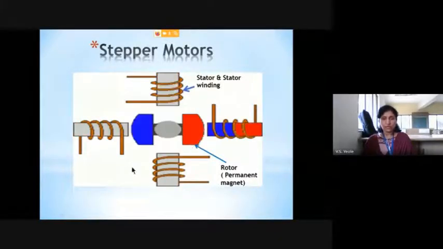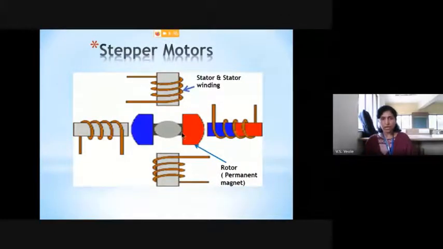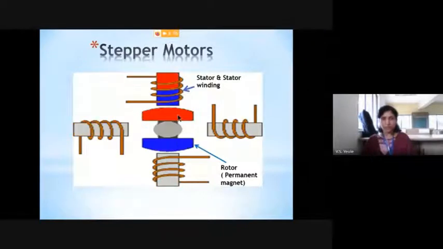Now, the construction of a DC motor and this motor is nearly the same with only one difference: in a stepper motor, the armature has no supply. The armature is made up of a permanent magnet, or you can say a natural magnet, which is directly connected as the armature or rotating part of the motor.